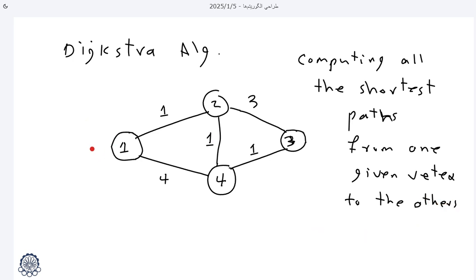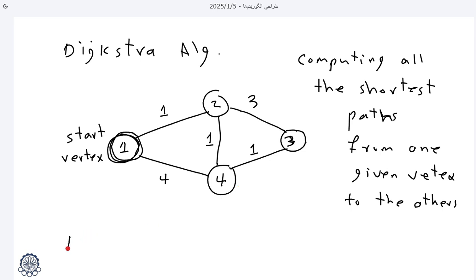Suppose the given vertex here is vertex 1. We are going to compute the shortest path from vertex 1 to the others. So we say this is the start vertex. From this vertex, we are going to compute the shortest path to the other vertices. We are going to compute the shortest path between 1 and 2, 1 and 3, and 1 and 4.